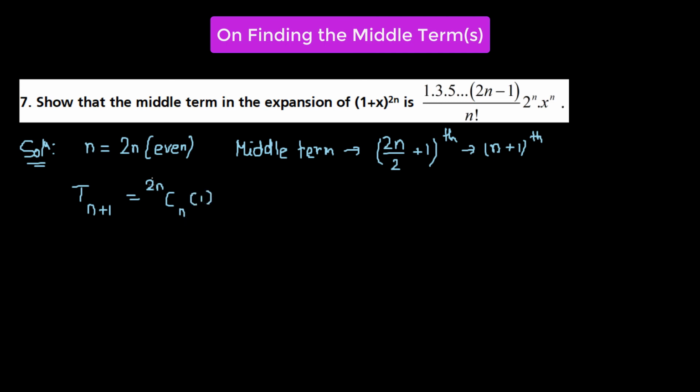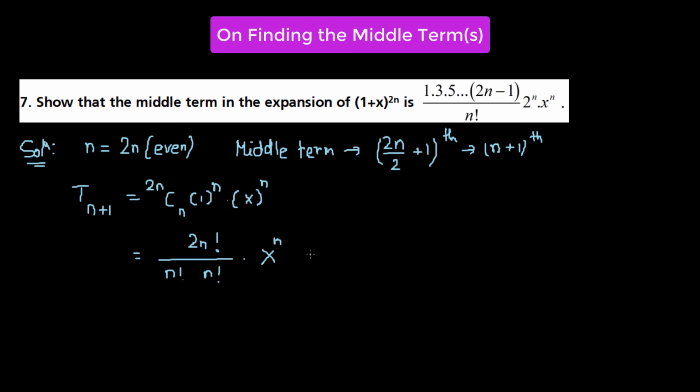The first term is 1 raised to the power of 2n minus n, which gives us simply 1, times x raised to the power n. Now 2n Cn can be rewritten as 2n factorial divided by n factorial times n factorial, times x raised to the power n.